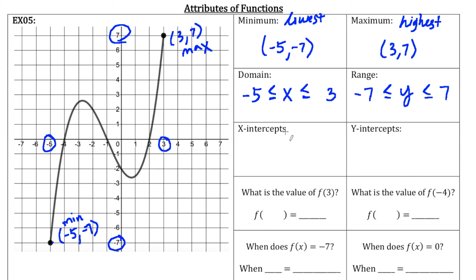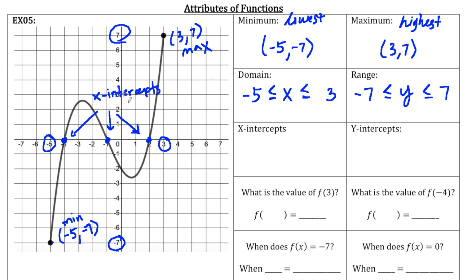Okay, x-intercepts. X-intercepts are where your graph hits the x-axis. So like this is an x-intercept, this is an x-intercept, this is an x-intercept. Sometimes you have more than one, sometimes you have none.